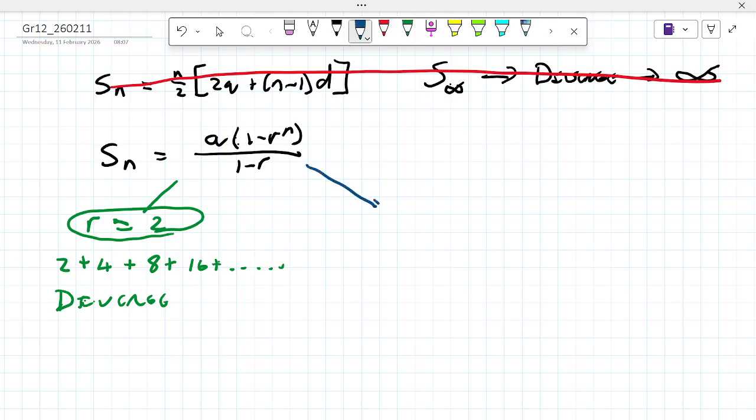Scenario 2, if this r is negative 2, then the first one will be negative 2, plus the next one will be 4, plus the next one will be minus 8, plus the next one will be 16. So we can see that this will also diverge.